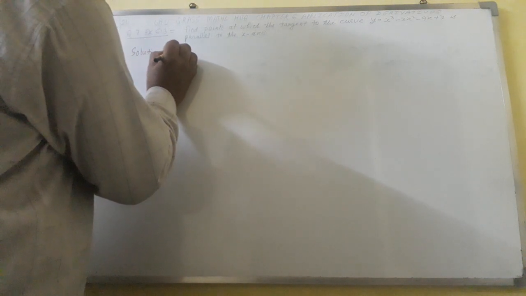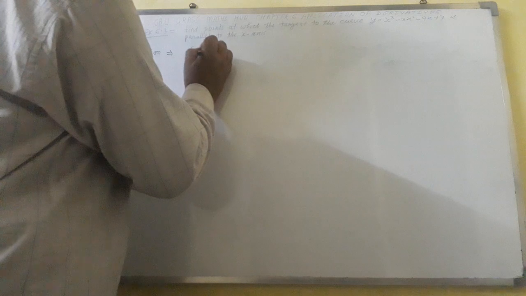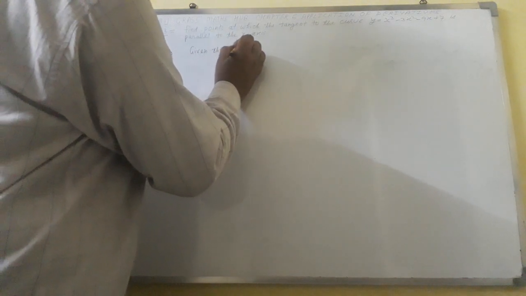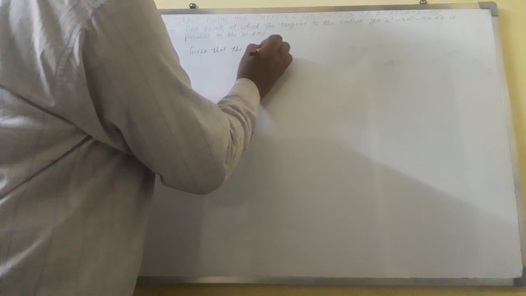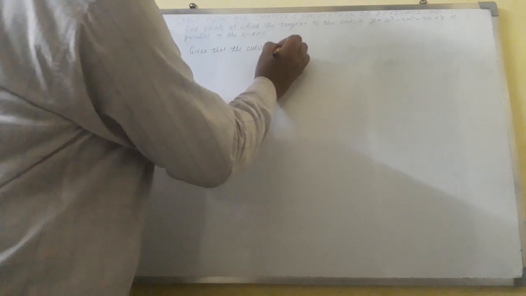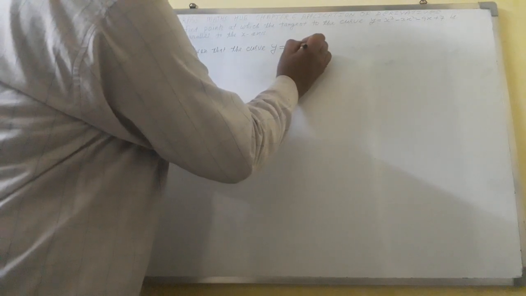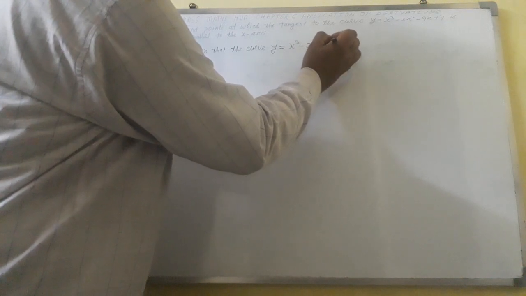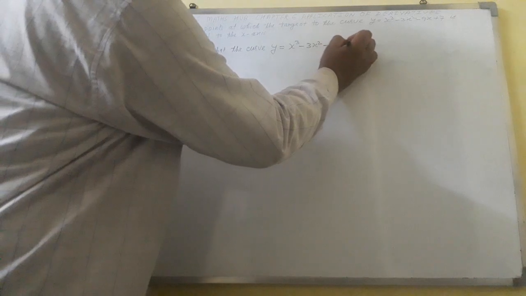Solution: given that the curve y equal to x cube minus 3x square minus 9x plus 7.